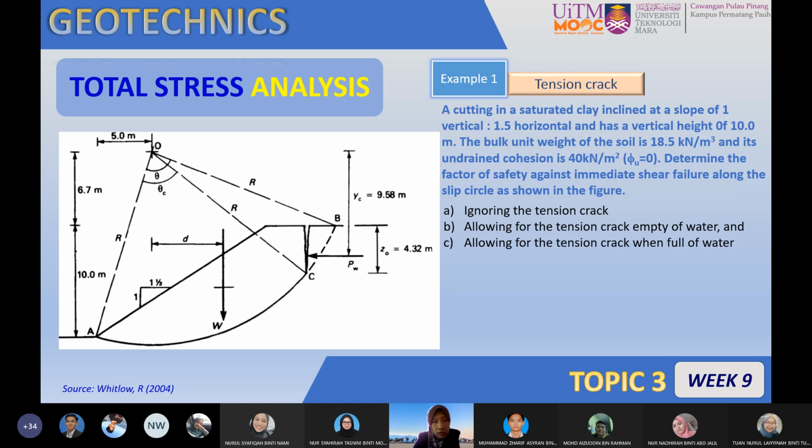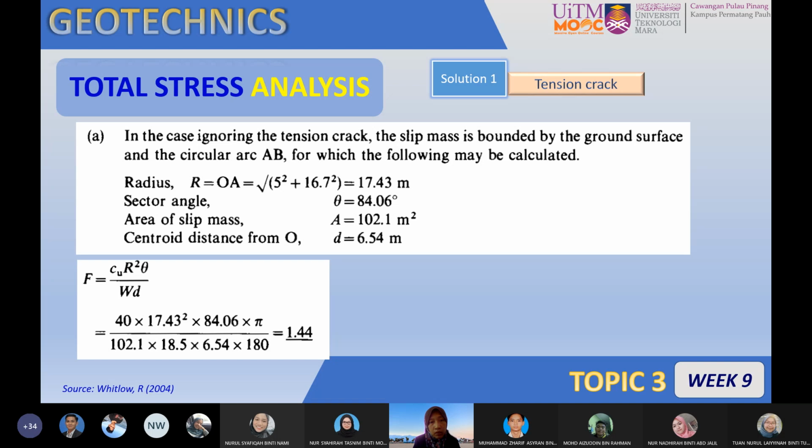So as you see from this example, the W is taken as one single unit. By looking at these solutions, we know that the procedure of the mass is taken into consideration to get the FOS value. Because of what?